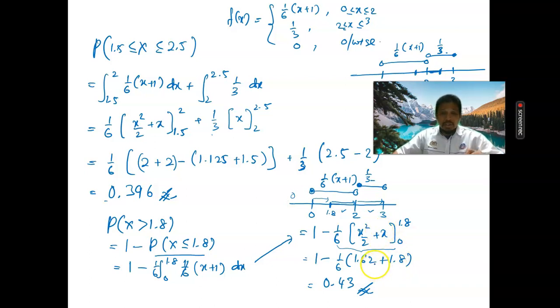In examination, you need to show the solution, the substitution of the value of x into this, x minus 0. There are steps in between, and I strongly suggest all of you please write it one by one.